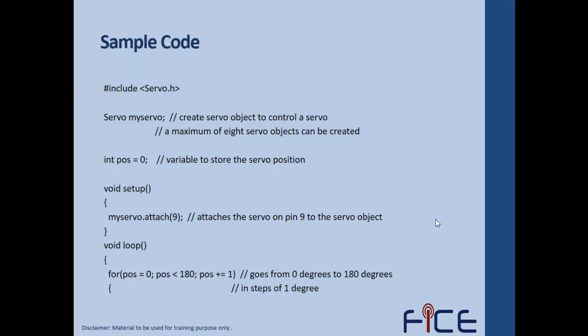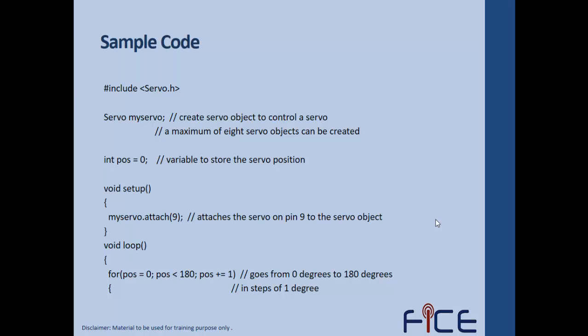And at last there is a sample code that we have used for interfacing a servo motor to the Intel Galileo board. In this, first we are adding the servo.h header file into this code, and next we have created a servo object myServo, that is of type Servo.